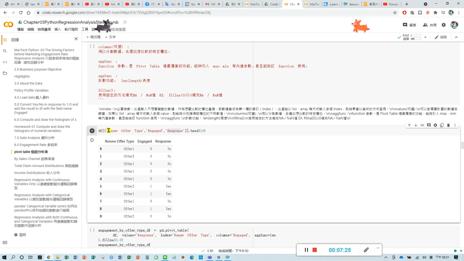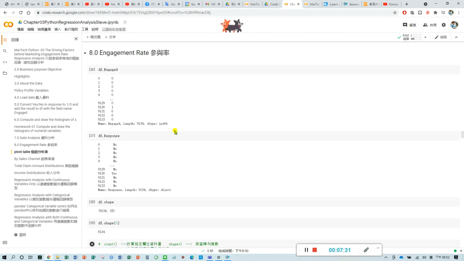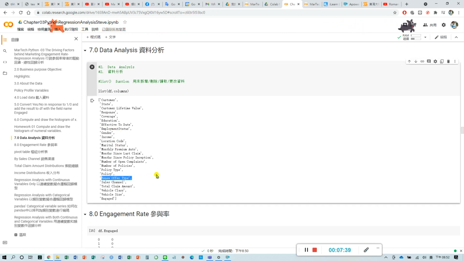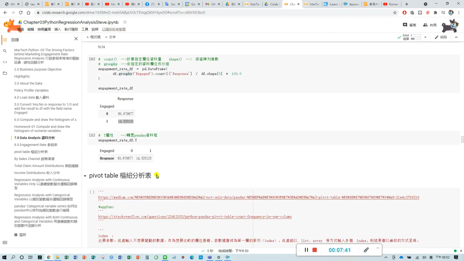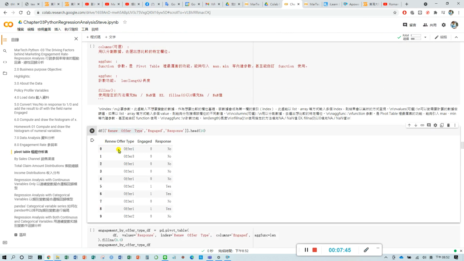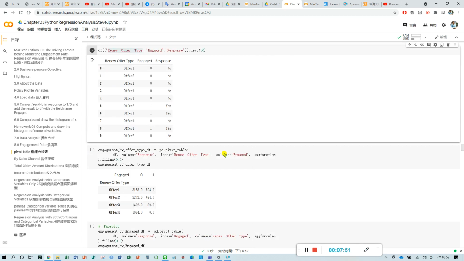Okay, so here to show the data for these three variables. Renew offer type. Renew offer type. You may see here. Renew offer type, this one, this variable. Okay, here shows the first observations for these three variables.